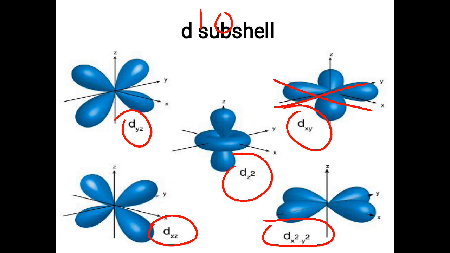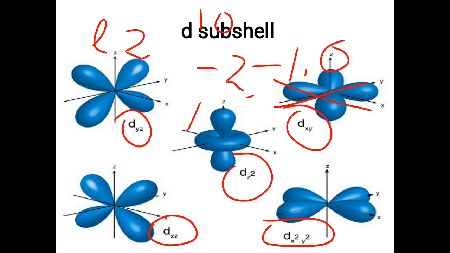So this is how, when we see their possible orientations, we know the l for the d orbital is 2. So the possible directions are -2, -1, 0, +1, and +2.